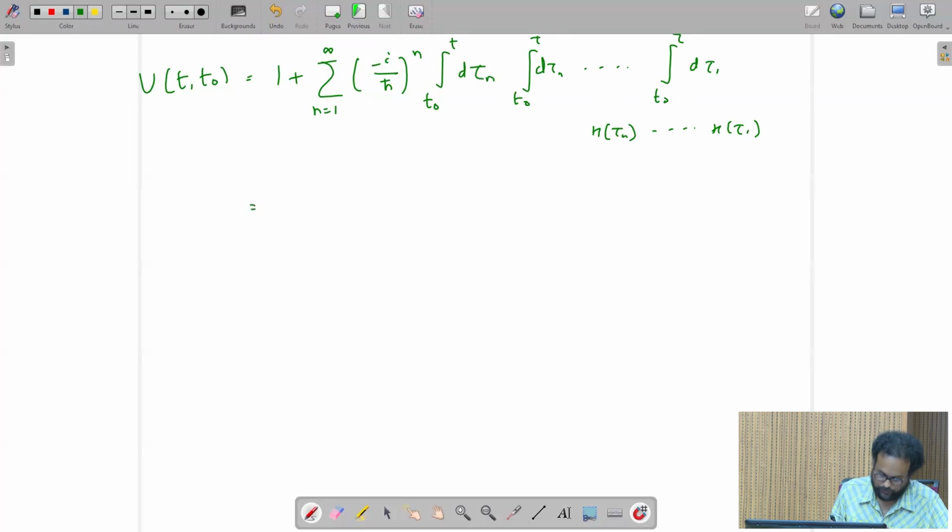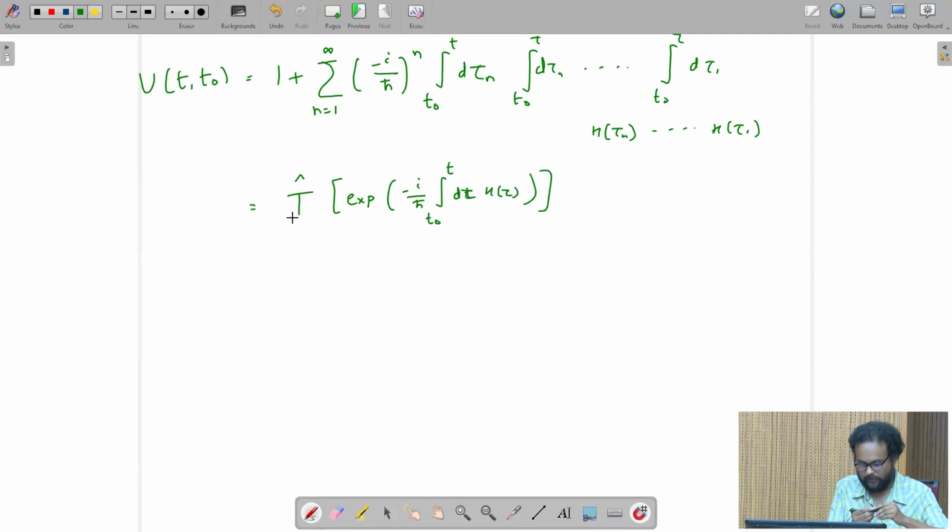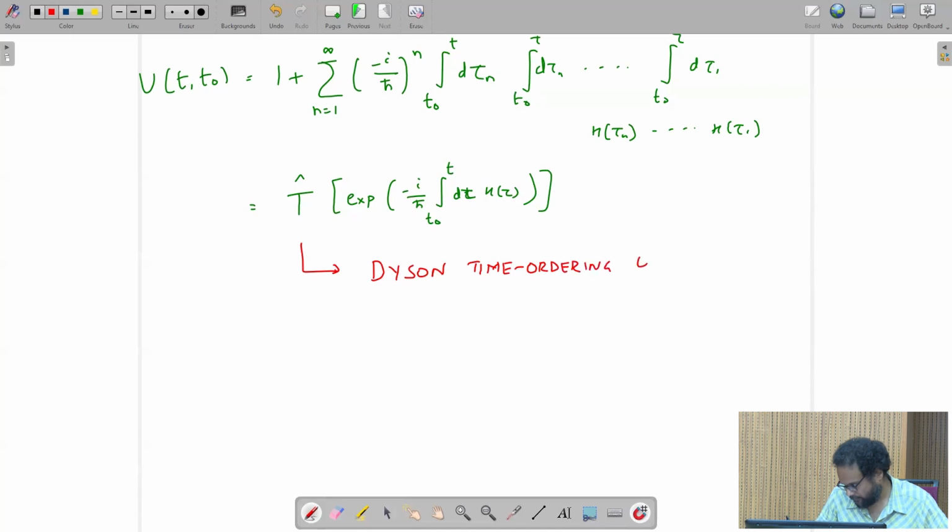Sometimes this is referred to as an operator associated with it. This is referred to as the Dyson operator.